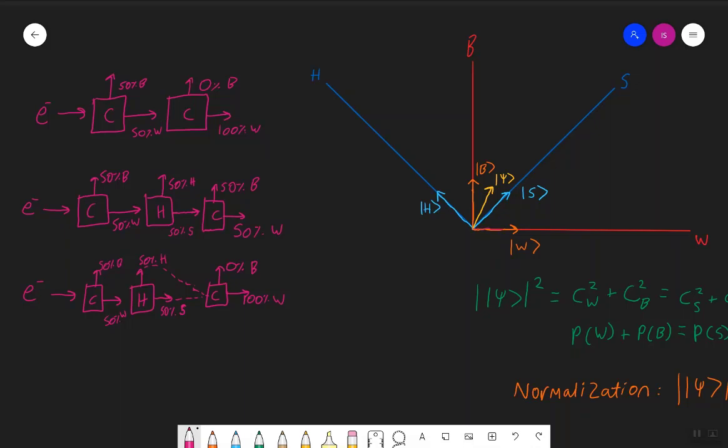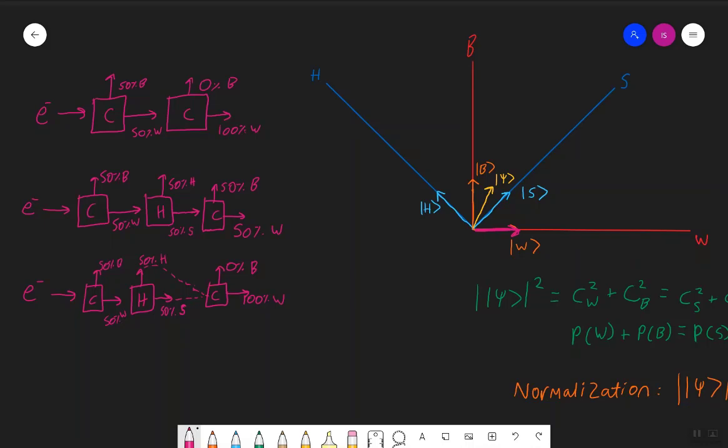And so the state of the particle is here. This would be this new state of the particle once we measure it. Hopefully you can see I'm doing this in this pink color. Okay, once we've measured it, we found out that it has to be in this state. Now if we measure the color again, well, we've found out that all the particles are in this state of being white.